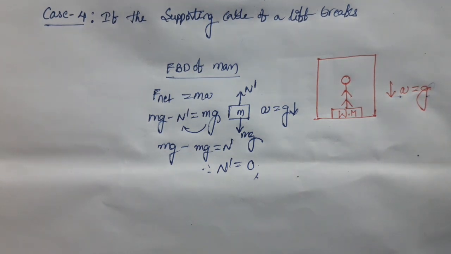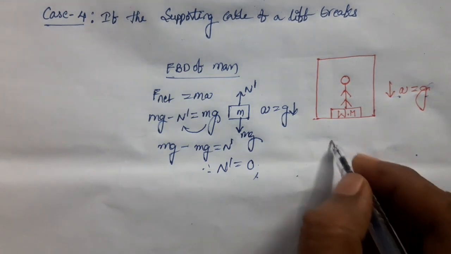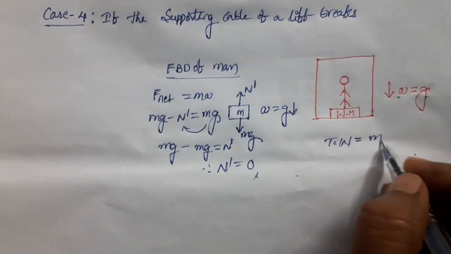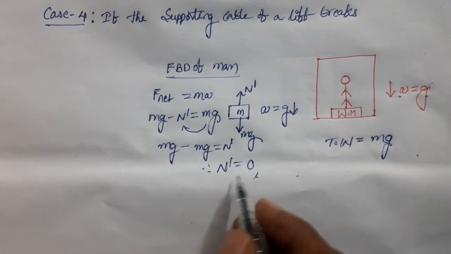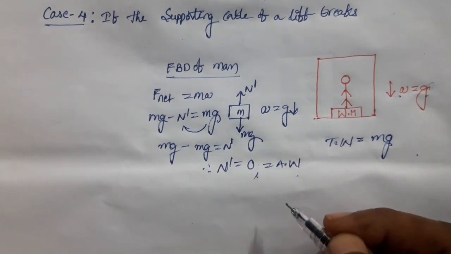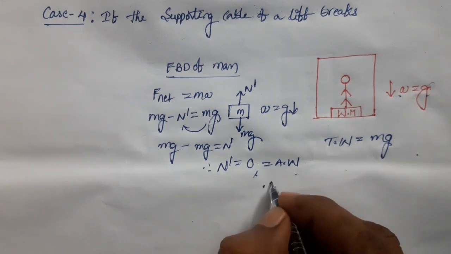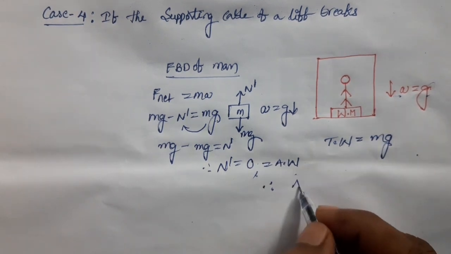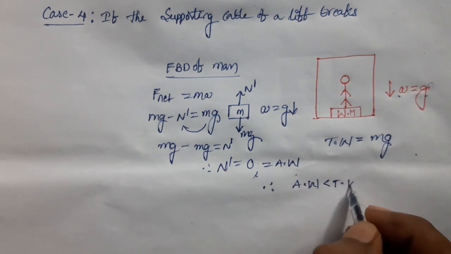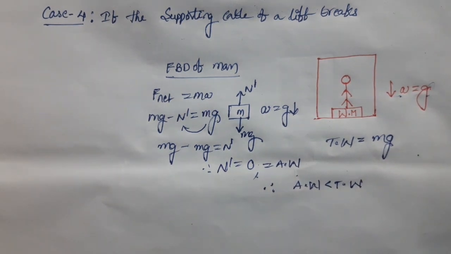True weight is n equal to mg. Apparent weight is 0 here. So as compared to these two, apparent weight is less than true weight. We can write like this, students.